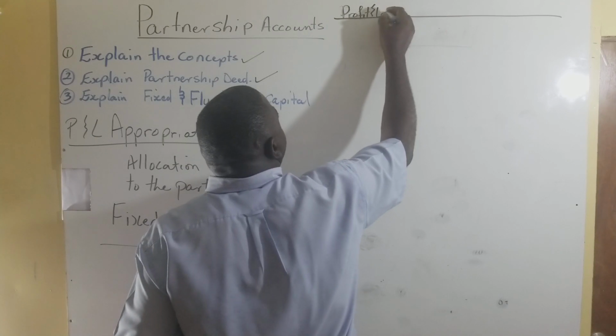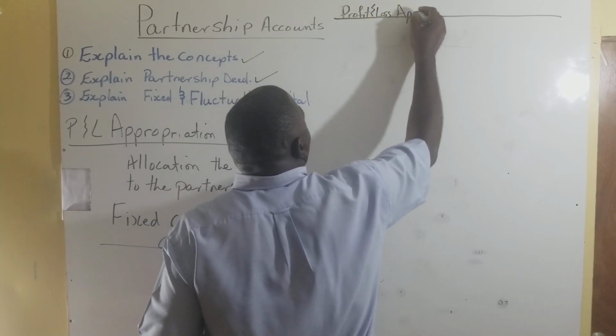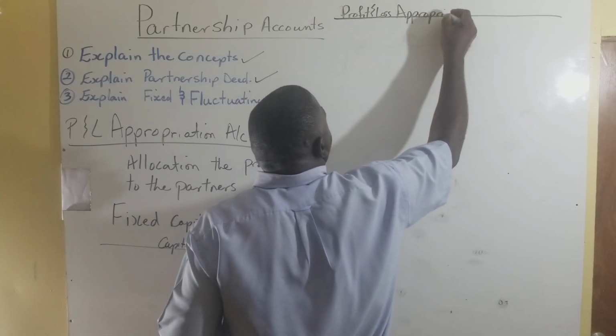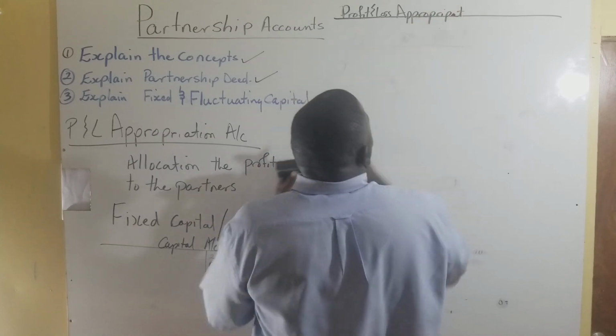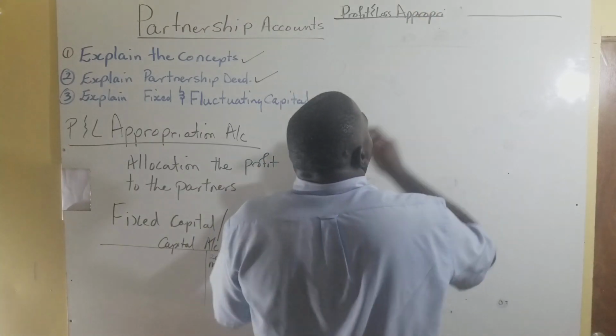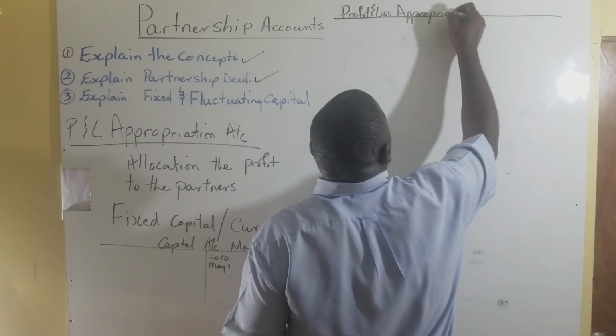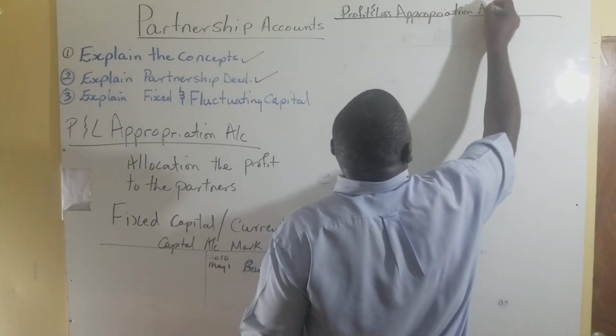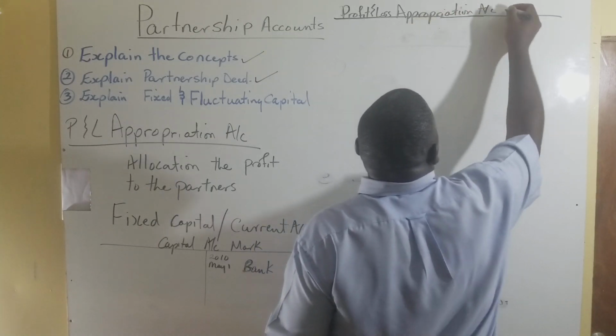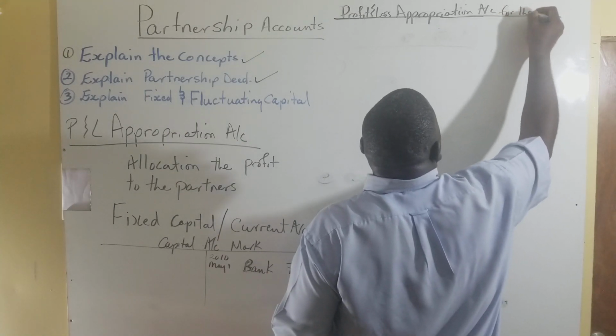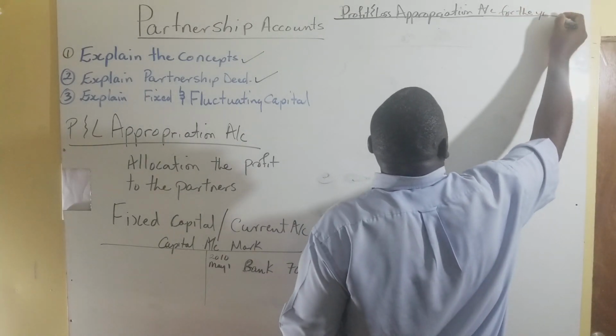Profit and loss appropriation account, and normally it would be for the year ended. Okay.